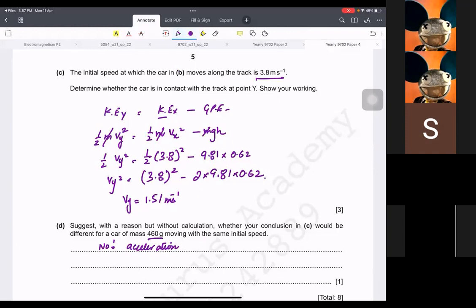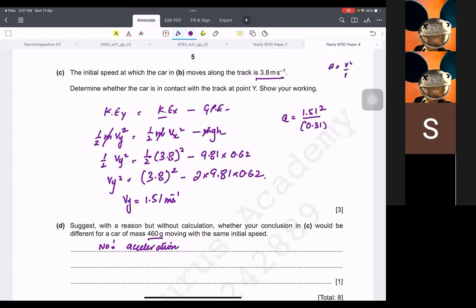So if you look, after this we also need to find the acceleration there. Acceleration is equal to 1.51 whole squared, and the radius was 62, diameter is 0.31. This is a equals v squared over r, right? So we have to check this.